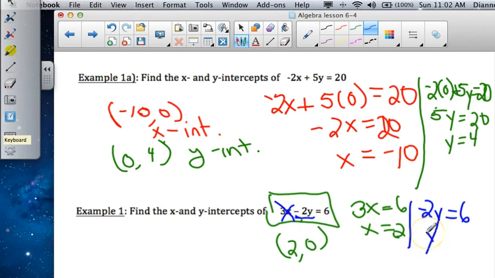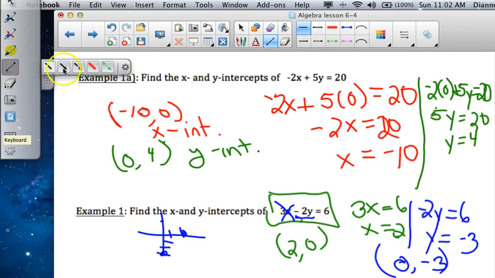So y would equal negative 3. So the y-intercept would be 0, negative 3. So if you wanted to, you could plot these points, right? 2, 0, and 0, negative 3. And you could graph that line.